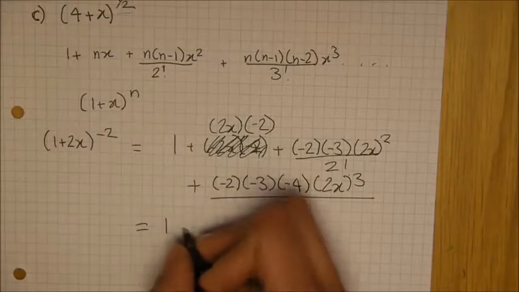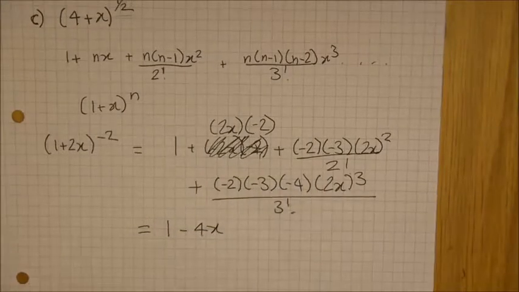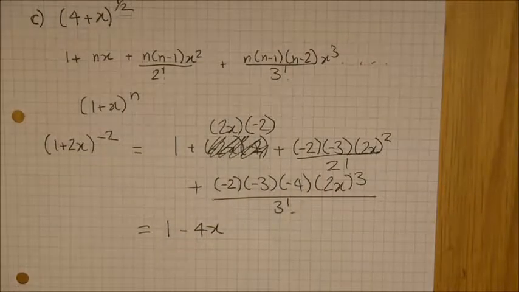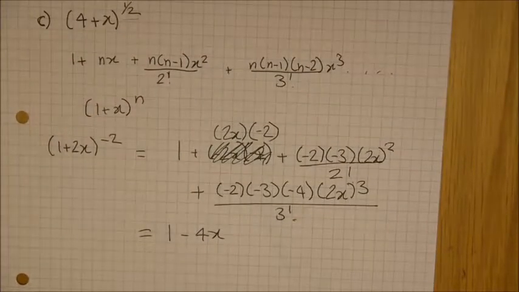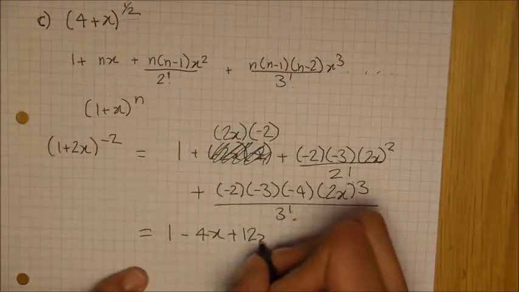So we have 1 minus 4x, and then we must do minus 2 minus 2 minus 3, then times it by 2 squared all over 2 factorial, which comes to 12x squared.